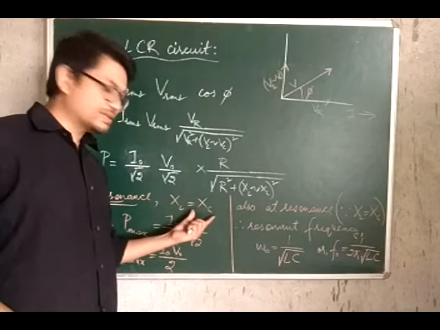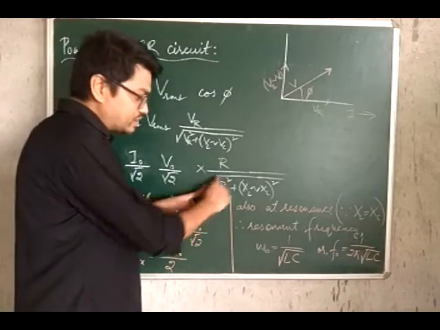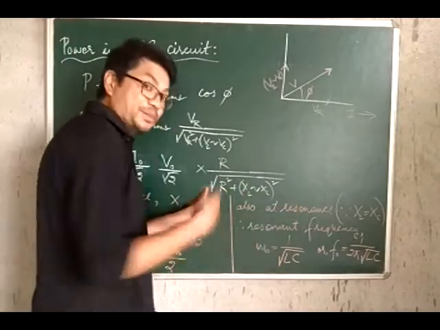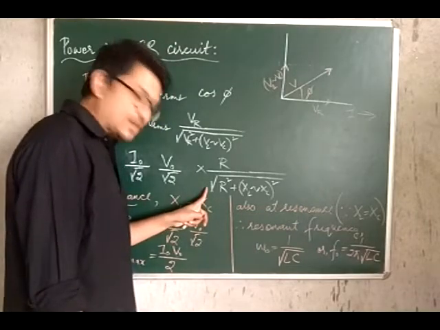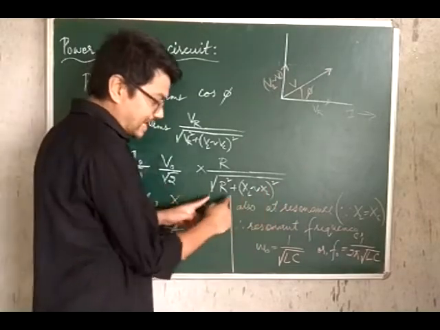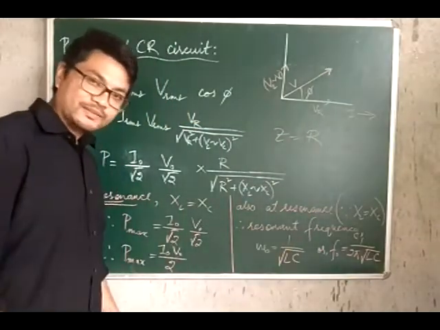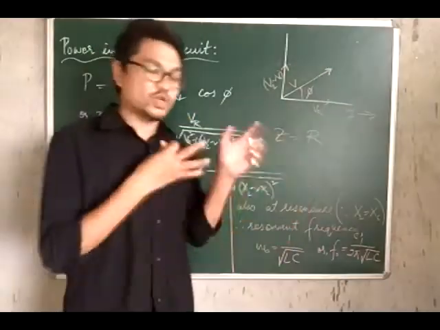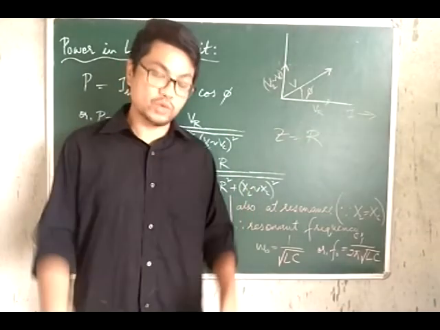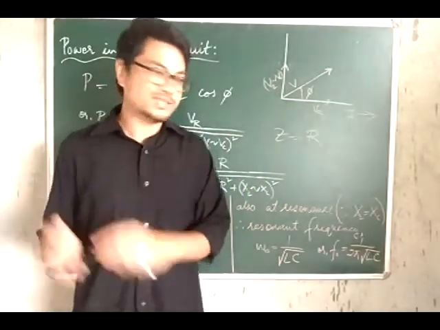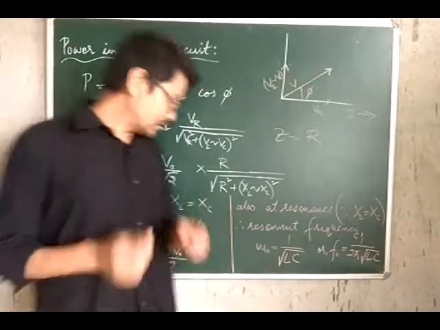Now specifically at resonance, since X_L is equal to X_C, what is the denominator over here? The denominator is the impedance of the circuit. So the impedance of the circuit at resonance will simply be equal to R. That is, the effective resistance offered by the LCR circuit to the flow of alternating current is the least at resonance.